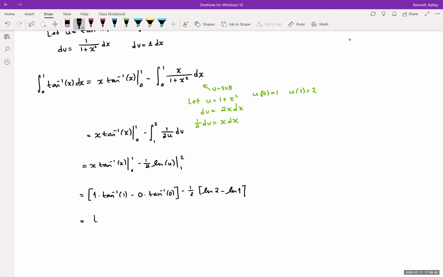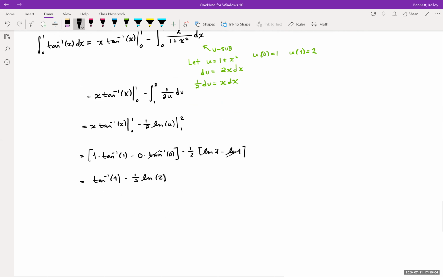This is just arctan of 1. This guy is 0. This guy is 0. So minus 1/2 ln 2. I'm not going to simplify natural log of 2 because I can't. I would just get a decimal approximation. So fine. U shall be the natural log of 2. And arctan of 1 is pi/4. So I get pi/4 minus 1/2 by the natural log of 2.